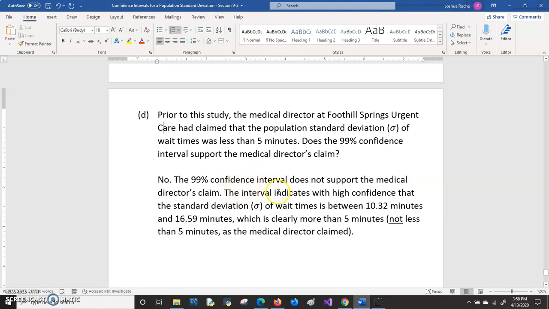The interval is indicating with high confidence that the standard deviation of wait times is somewhere between 10.32 minutes and 16.59 minutes. And that's clearly more than 5 minutes, not less than 5 minutes as the medical director had claimed.